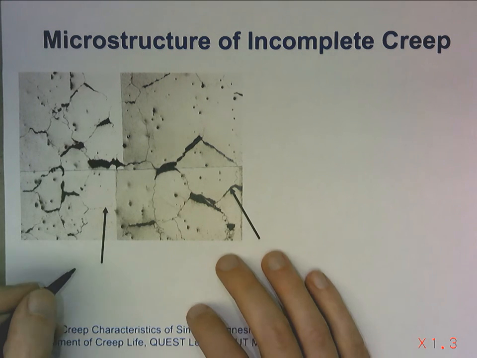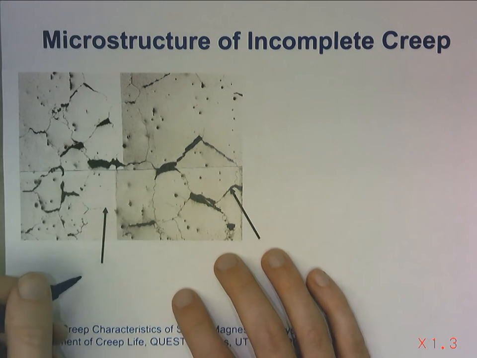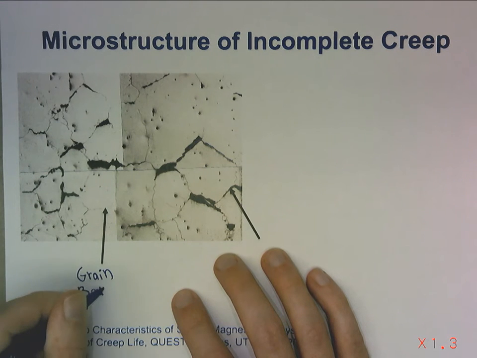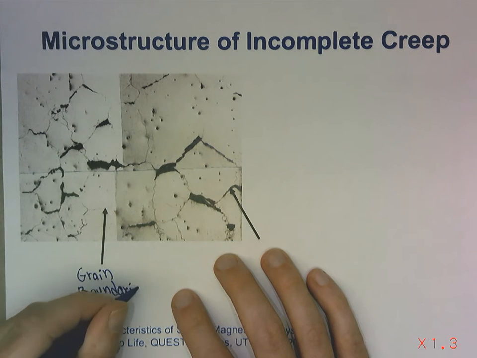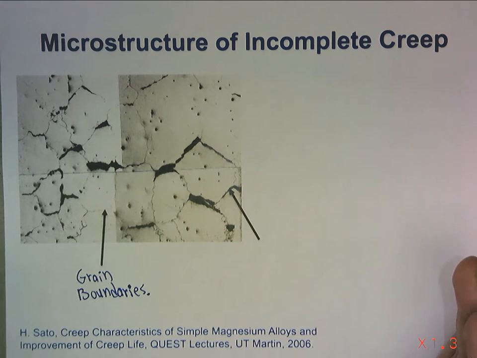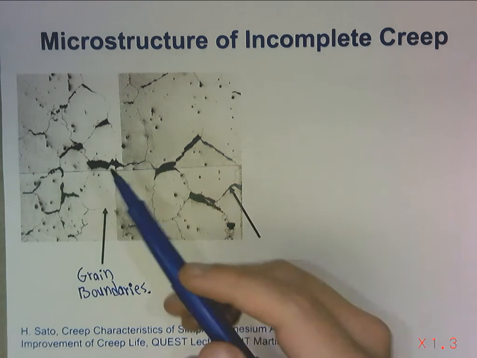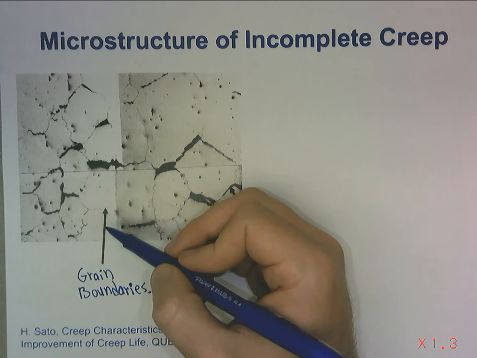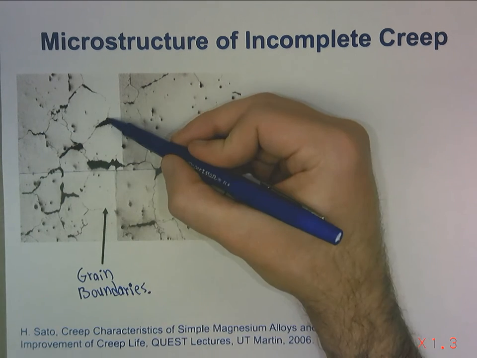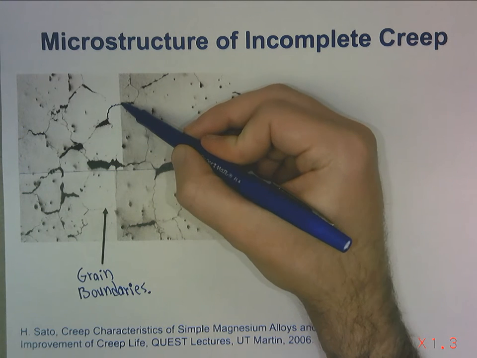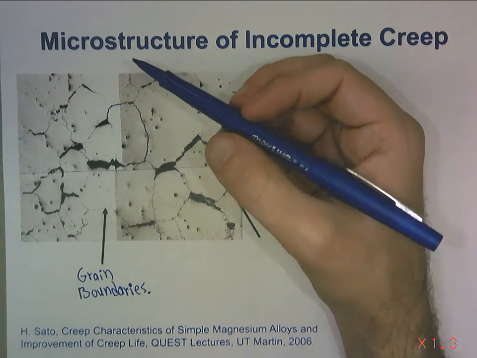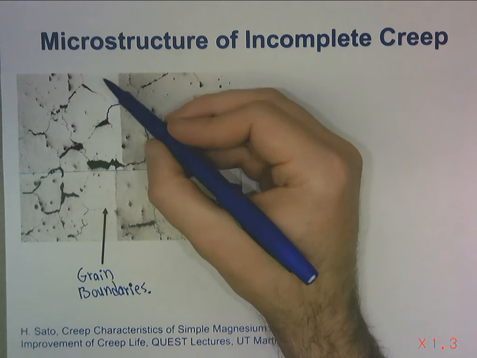So we've got some grain boundaries here. This is a microscope picture of a partially finished creep failure. There are some grain boundaries in here. They're hard to see unless you've got the slides in front of you, but we can follow along, and they look like very thin cracks in the material.